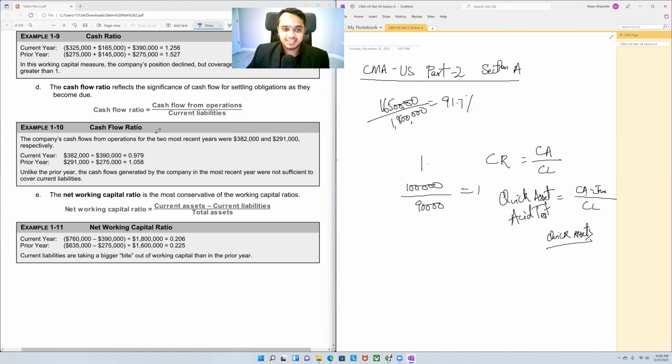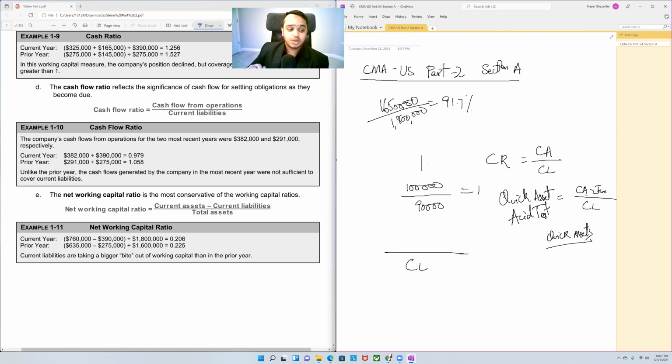Here also you are having current liabilities as denominator, and you are taking cash flow from operations. We take all the cash flows from the operations and divide by the current liabilities to get our ratio related to how much is our cash flow from operations.